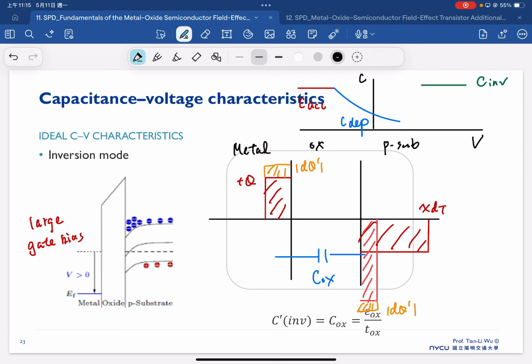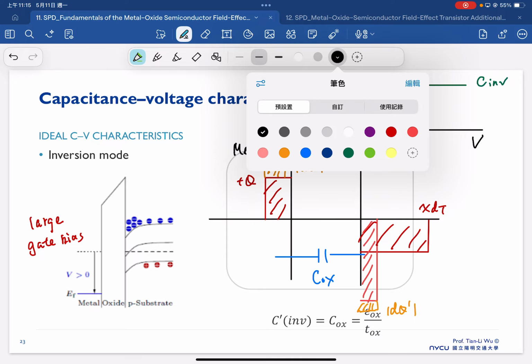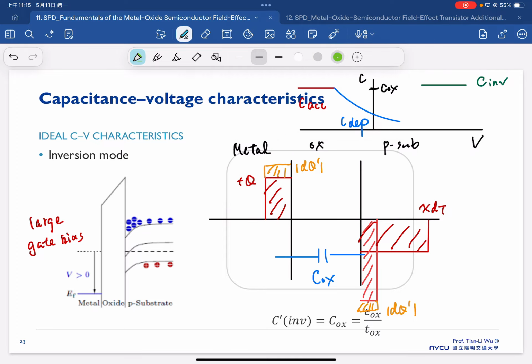And this is our oxide capacitance. And the region between the depletion and the inversion, actually there's still a little bit of transition here. This is the region we call a weak inversion. And compared to the weak inversion, we can also call this region a strong inversion.